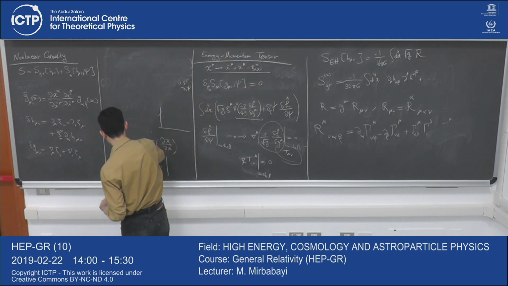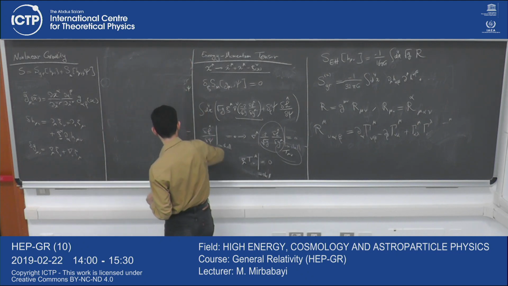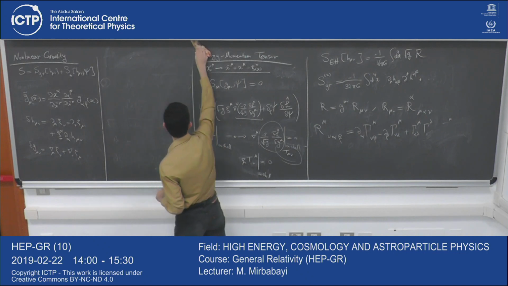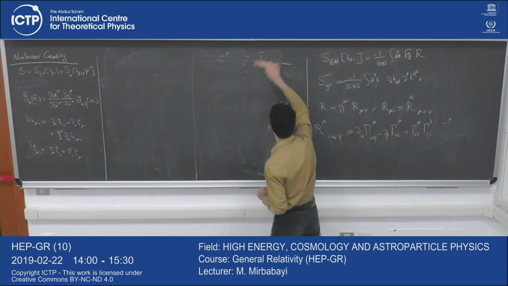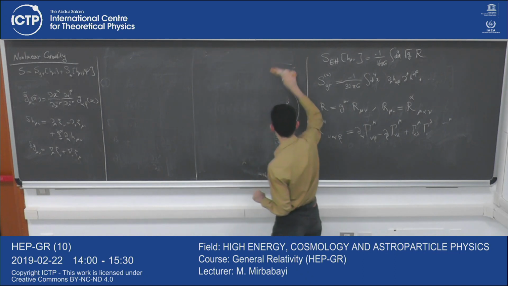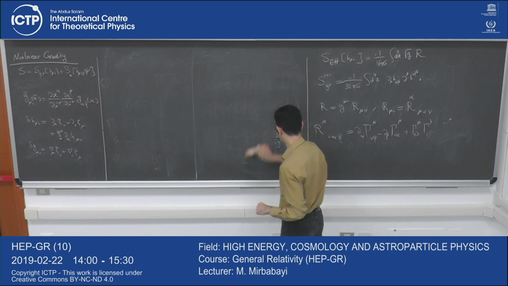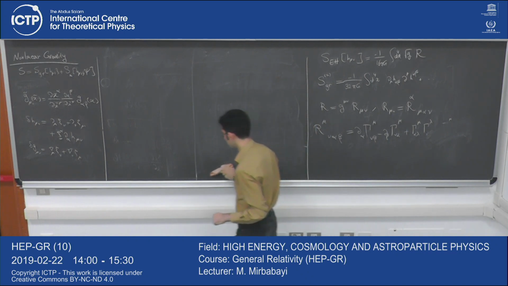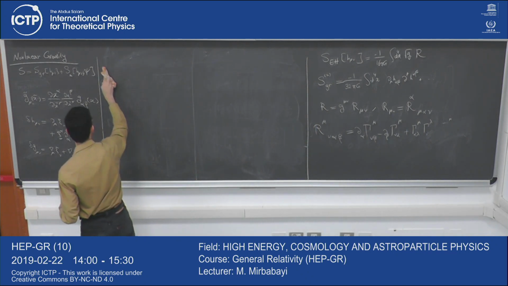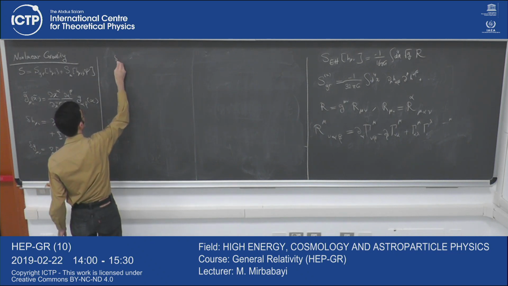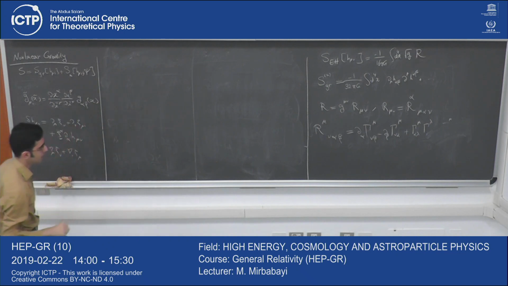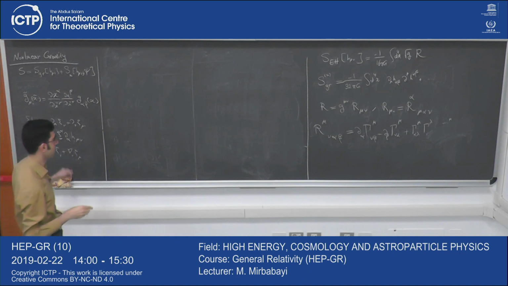Okay, so now we have the gravitational action. What we can do is vary with respect to the metric. So if we take the variation, I do it in a similar way as I did in the derivation of the energy momentum tensor.